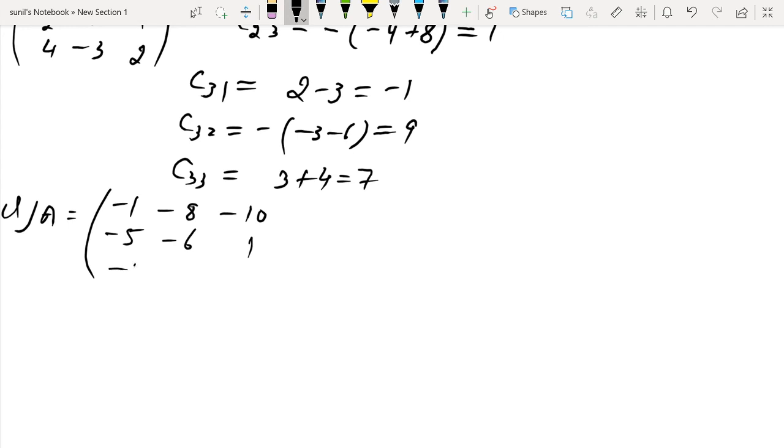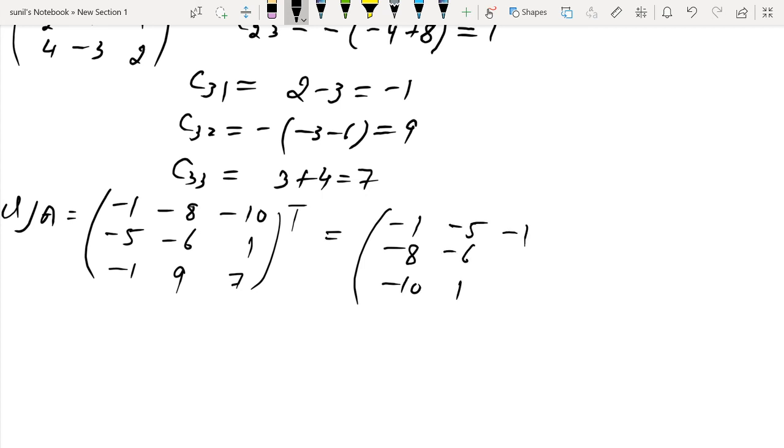And then minus 1, 9, 7. Then their transpose is minus 1, minus 8, minus 10, minus 5, minus 6, 1, minus 1, 9, 7.